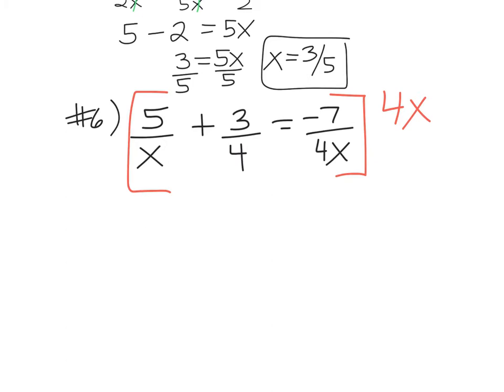All right, so we're going to take that 4x, which is really 4x over 1, okay? And we're going to distribute. So we're going to multiply all the numerators by 4x. So let's do that.